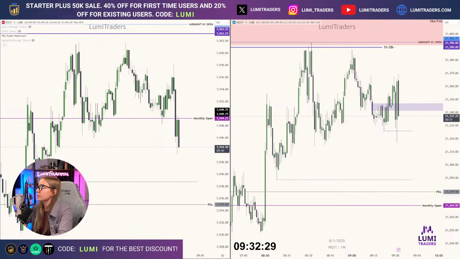Perfect. Okay, what I can see on high timeframe, it's trying to respect not only 1 hour OB on NQ, but also 1 hour bearish fair value gap. On 4 hour chart, nothing interesting, honestly. On 15-minute chart, also trying to respect 15-minute bearish fair value gap.